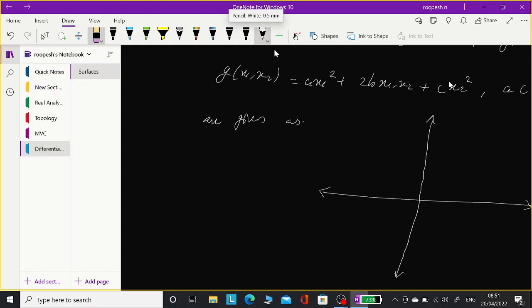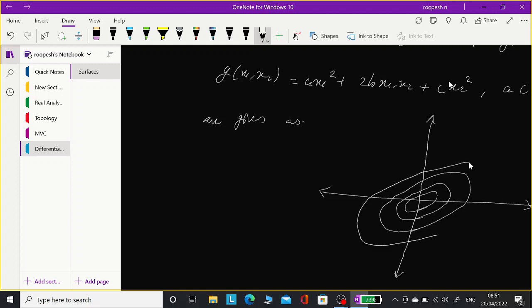What we're getting is so many ellipses. That means an ellipse like this, right? Another one. A bigger one. Another one. So many ellipses will come like this.